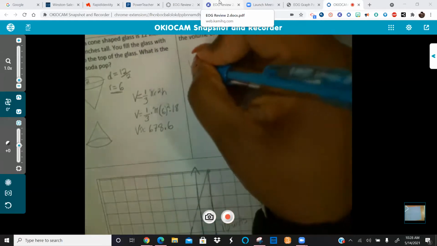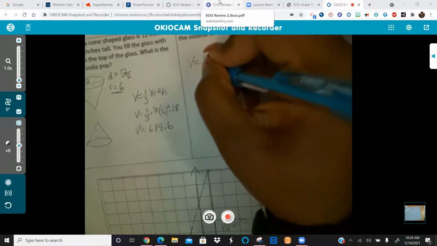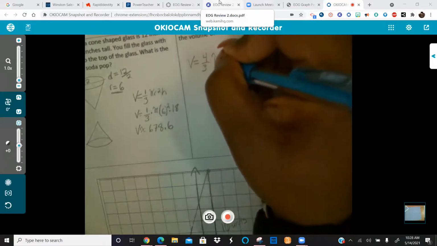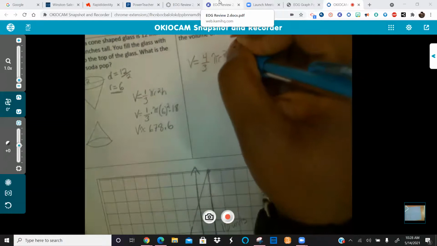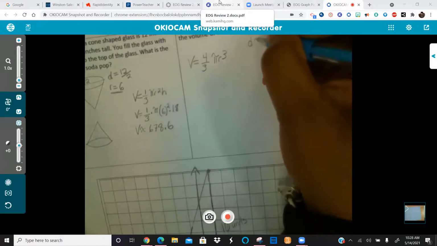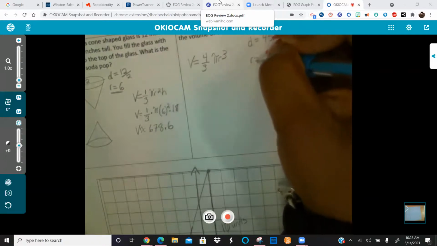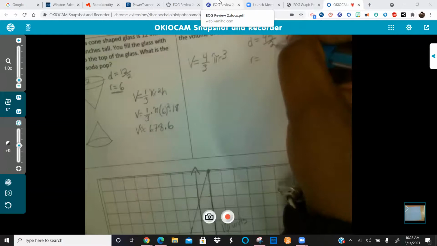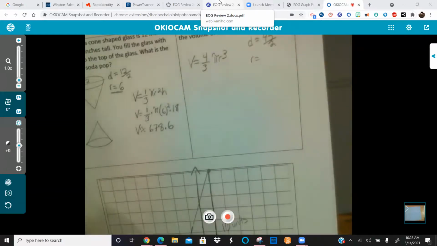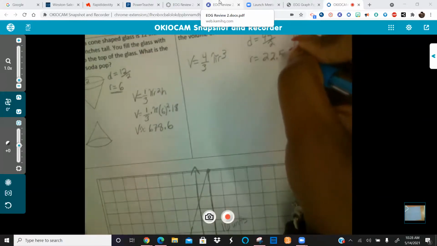So I'm going to write the formula for you. You got to know this by heart. 4/3 pi r to the third power. So if they give you the diameter, which is 45, in order to find the radius, you got to cut this in half, divided by 2. So what's 45 divided by 2? 22.5.